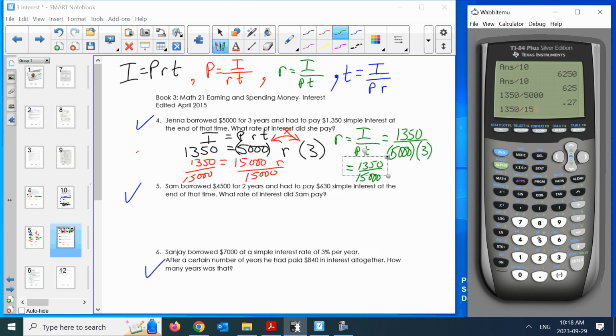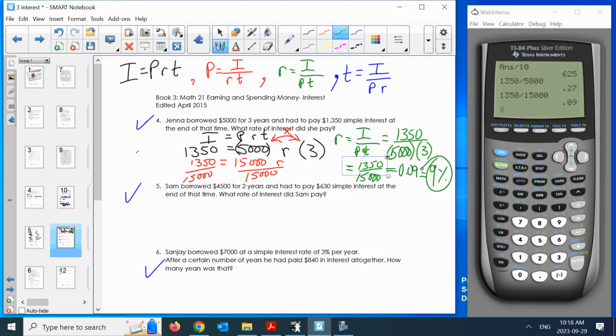You see what happens is when I tap numbers on this, it's not perfect. Yeah, you get 0.09, which times 100 is 9%. Perfect. Which is great.